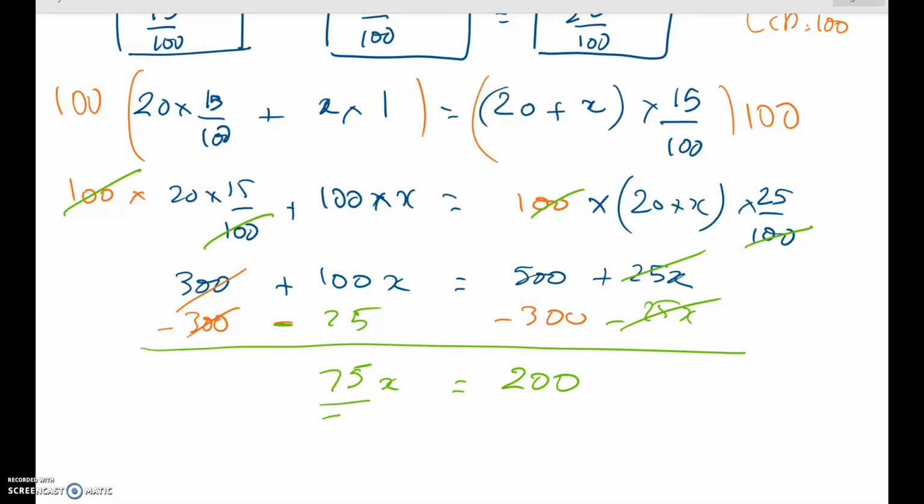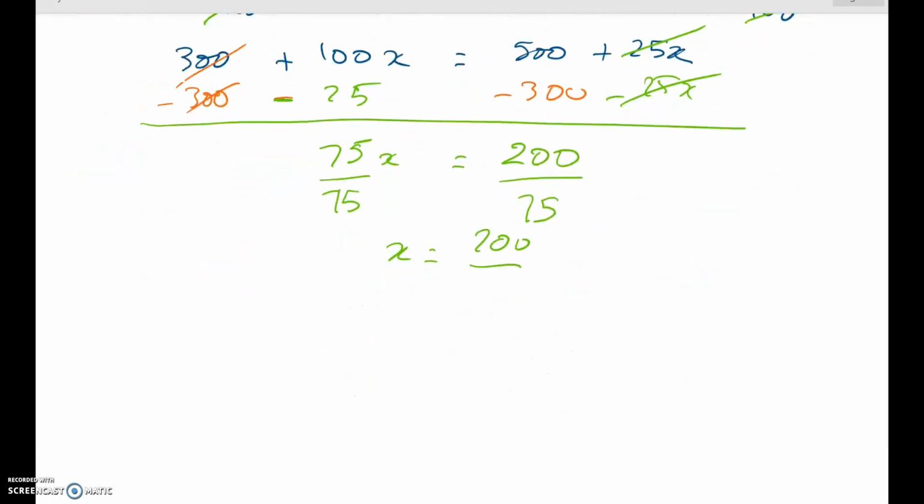And you divide by 75. And you got your answer, which is x equal 200 divided by 75. Now you can simplify that if you want to, and I think that's what you must do. But at the end of the day, you end up finding how much pure alcohol you need to add to your solution in order for you to be able to have a mixture equal to 25% alcohol.